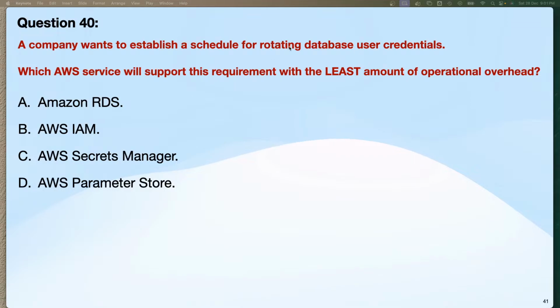Whenever you see that you want to store any secured credentials, or even if you want to automatically rotate, Secrets Manager. AWS Parameter Store, so that you know if this kind of question comes, it's for non-secure data. Okay, you cannot store any secure data in the Parameter Store, neither can you store secure data like database credentials, and also it cannot rotate. Okay, so answer for 40 is C.